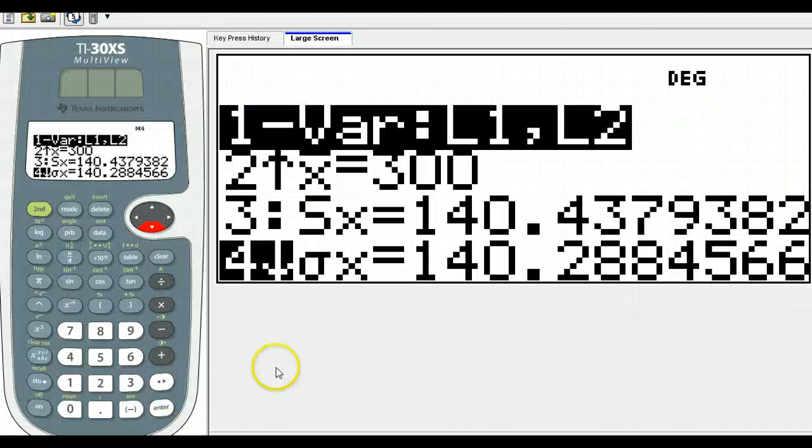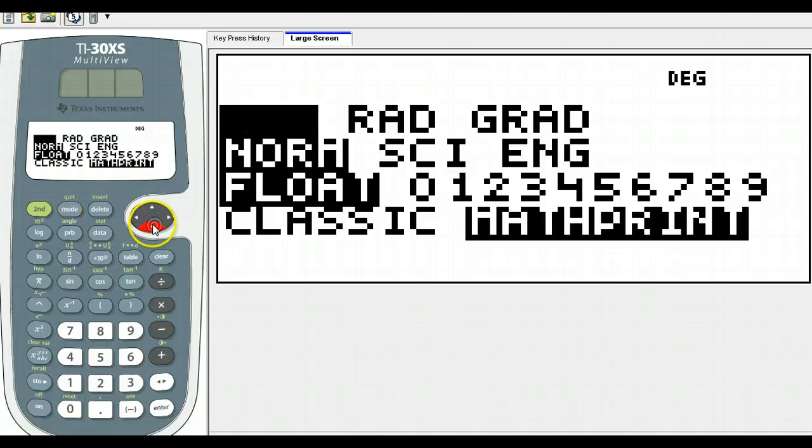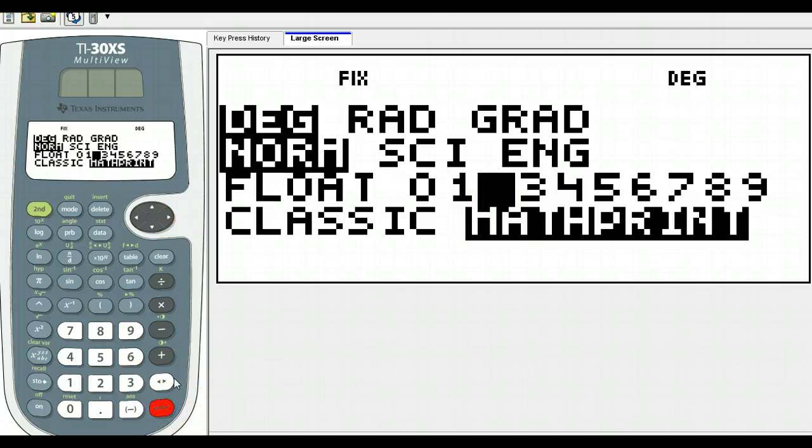140.29. Now, for those of you who have a hard time rounding, don't forget that you can hit the mode button and change this from float to 2, for example. That means 2 decimal places. Hit enter.